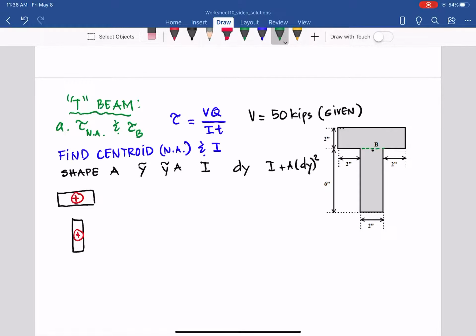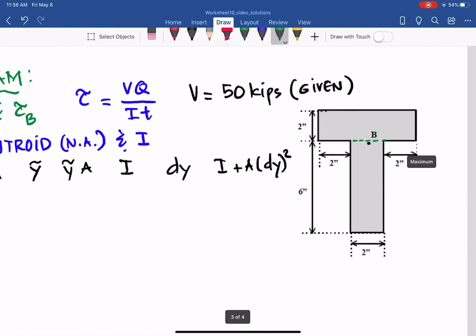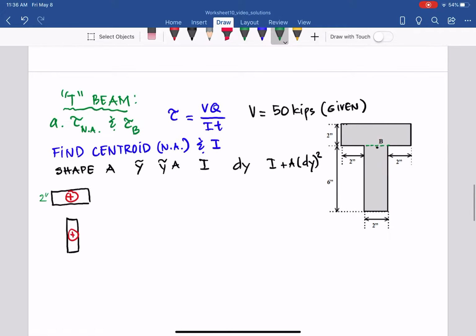Let's put the dimensions on. The first shape is 2 inches thick, and the width is 2 plus 2 plus 2, so 6 inches there.